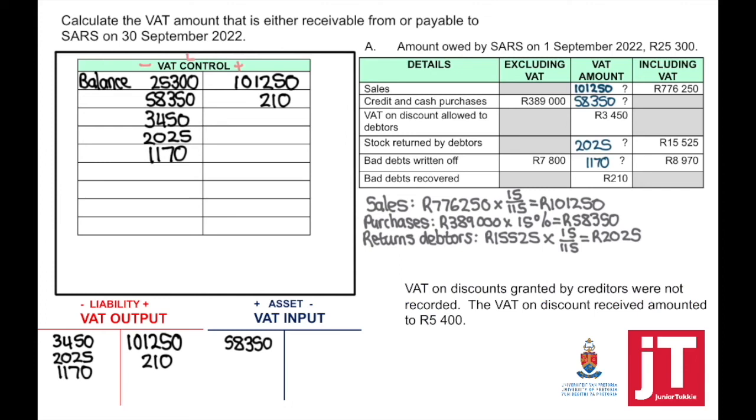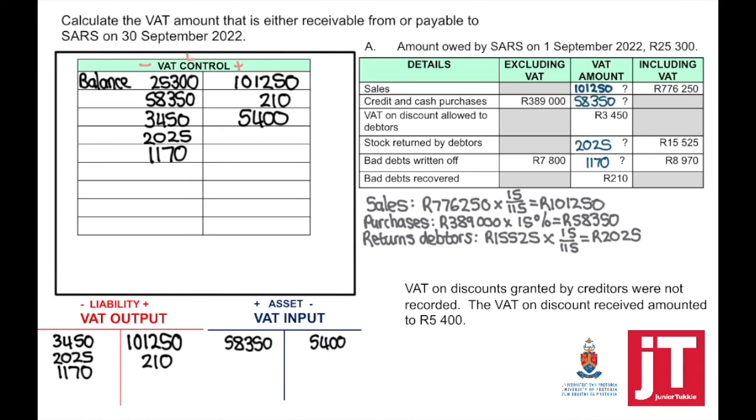Now we need to look at the additional transactions. VAT on discounts granted by creditors were not recorded. The VAT on discount received amounted to 5,400. They provided the VAT amount to us, so there's no calculation involved. You need to know VAT on discount granted by creditors means that we need to adjust our VAT input.